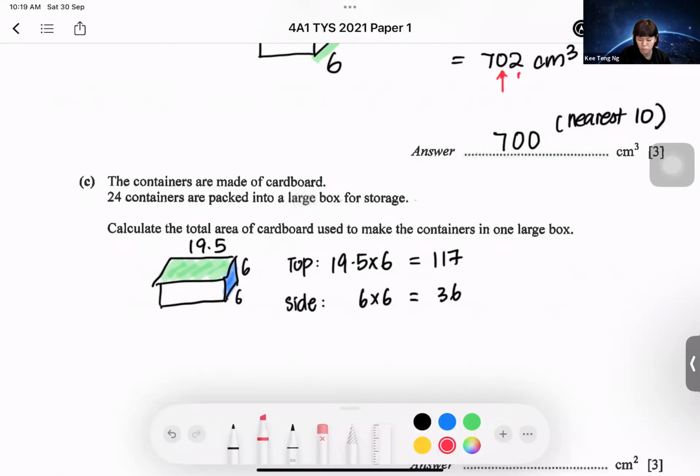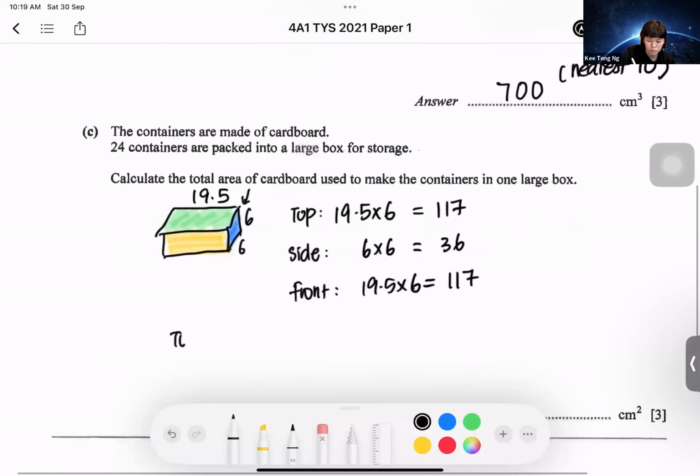And we have another one, the one in front. This will be the front, and it will be the same as the back. So it will be 19.5 times 6, also 117. So this is also the same for the back, right?